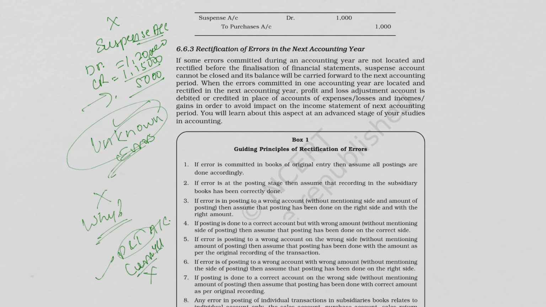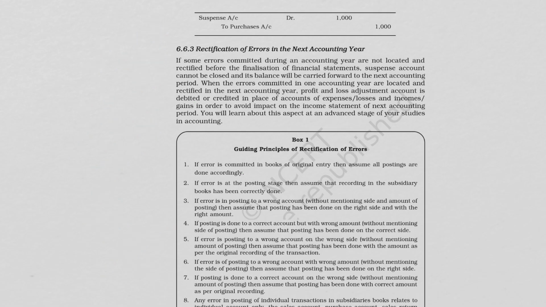So therefore, instead of using income or expense account, we use a special account called profit and loss adjustment account. So this account basically helps us to adjust the errors without affecting the profit or loss of the current year.